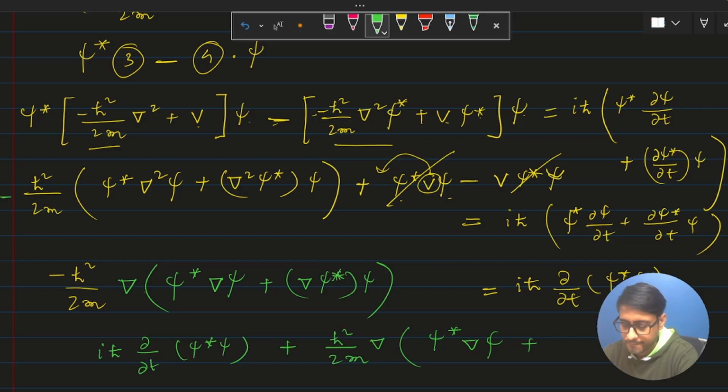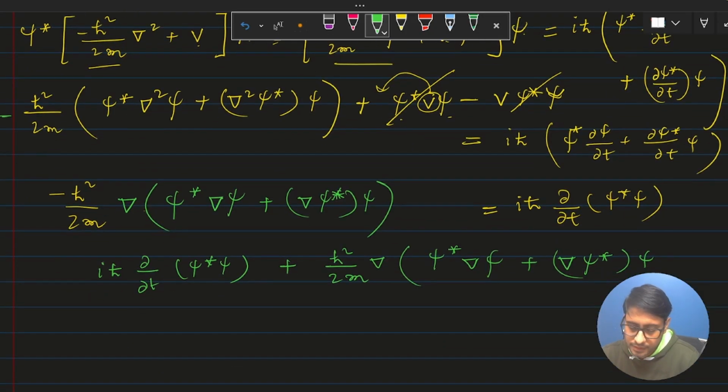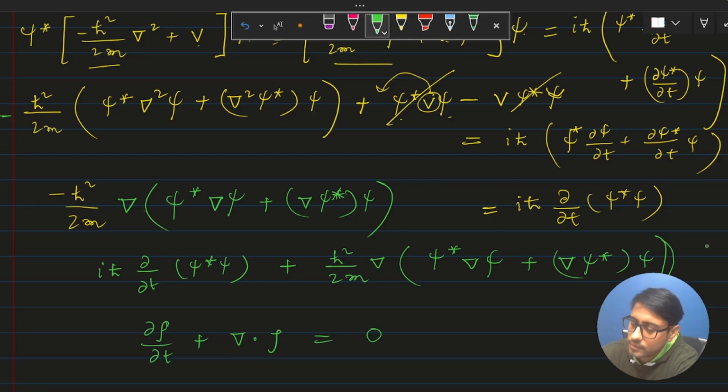And then we compare it with the continuity equation, del rho over del t plus del dot J equals 0.